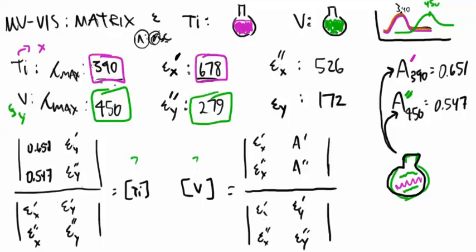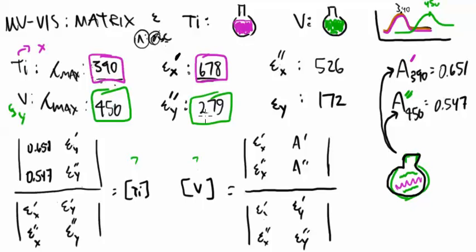So this is titanium run at titanium's wavelength, and this is titanium run at vanadium's wavelength. You have to make the switch that way in order for these matrices to work. The same thing happens down here at the bottom. This number represents the vanadium standard run at the vanadium wavelength.